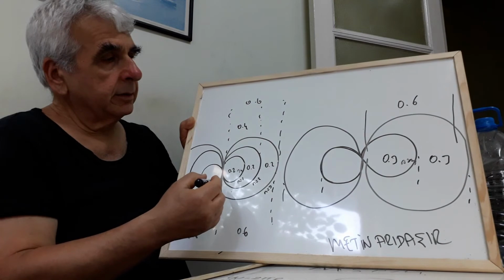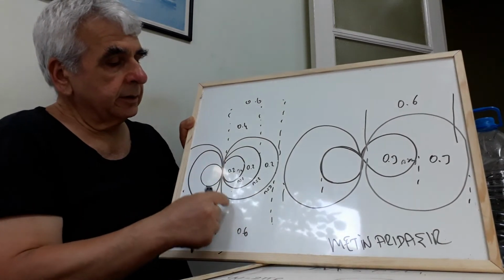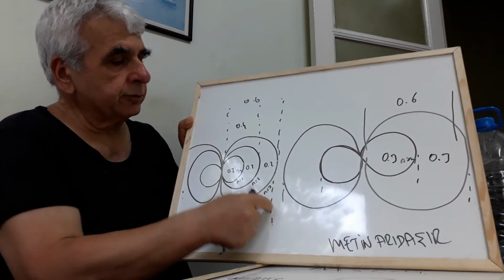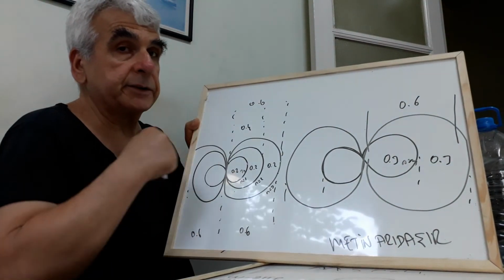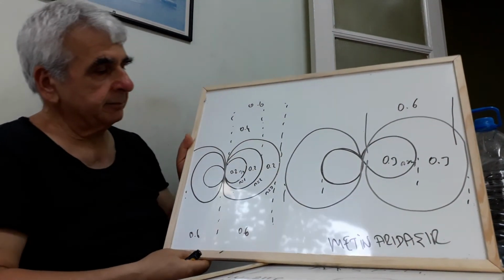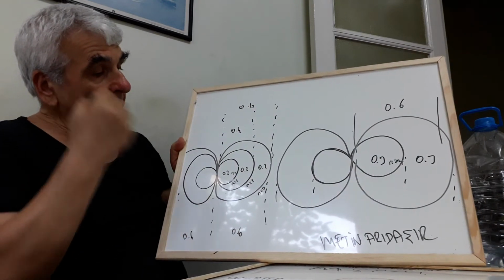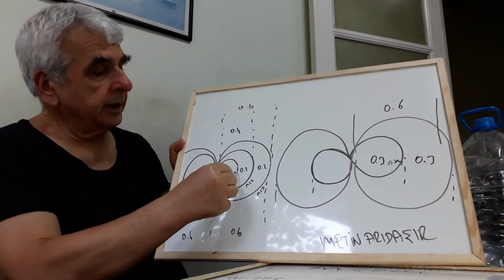Here, it says 1, 2, 3. It says 1, 2. Time is equal. Okay. And n equal 1.